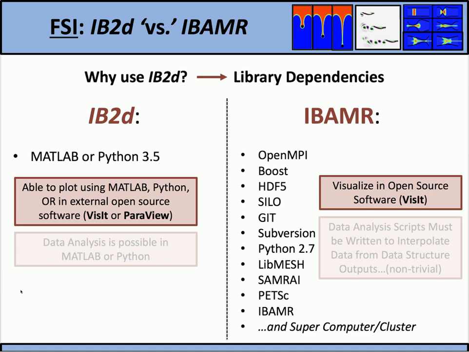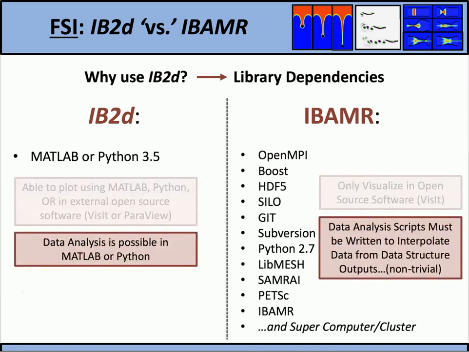When you go back and try to do data analysis on your simulation results, there's a built-in data analysis package that comes with IB2d. In IBAMR, you can do those same things by writing scripts in either Python or MATLAB, but it's a little more tricky because of the adaptive mesh refinement. You'll have to write your own scripts to interpolate the data between all these different grids with different resolutions. It's slightly non-trivial, but can be done.